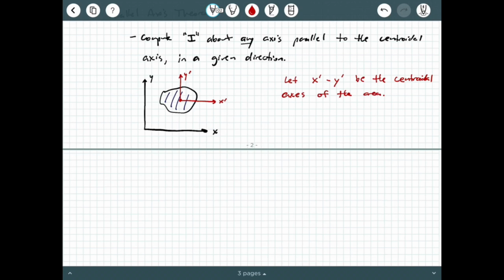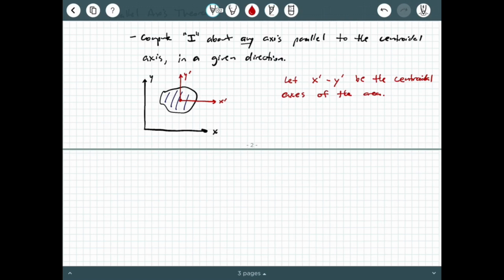If I already know my x prime and y prime axes, the location of the centroid, and I know the moment of inertia about those centroidal axes, then I can compute the moment of inertia about any other set of axes, given the fact that I know it already about the centroidal axes.